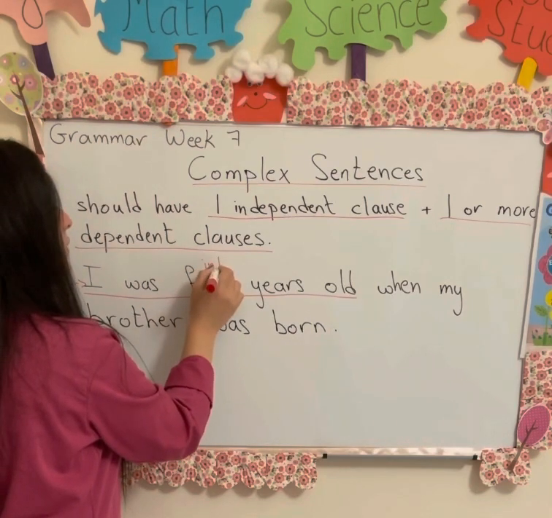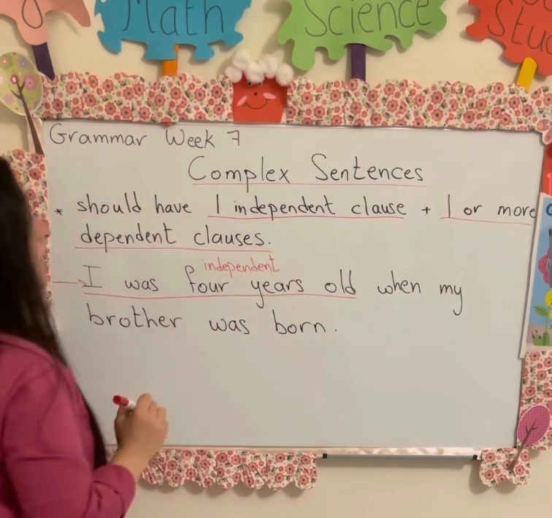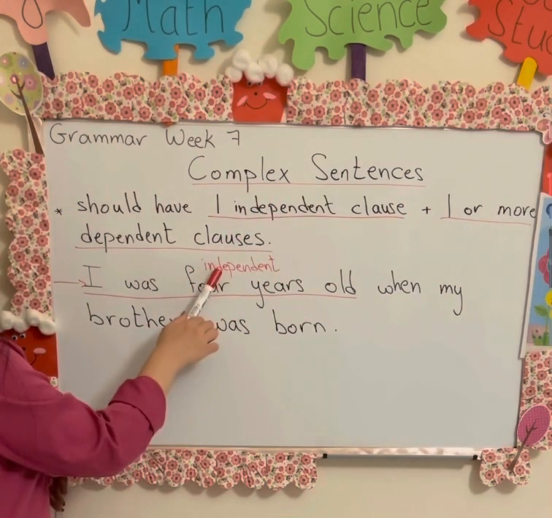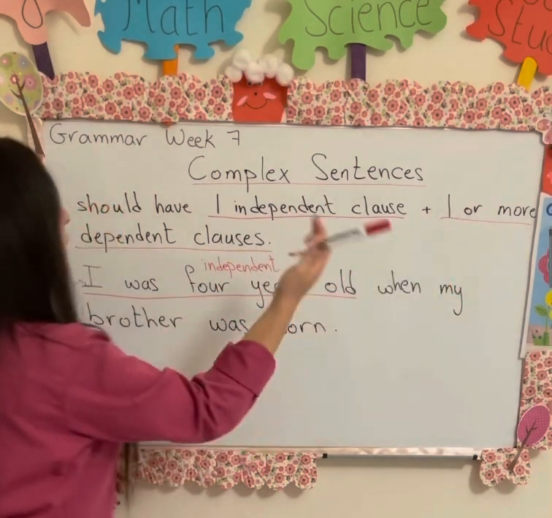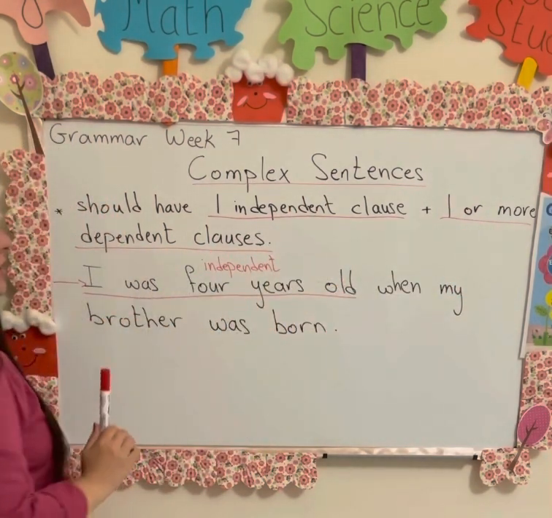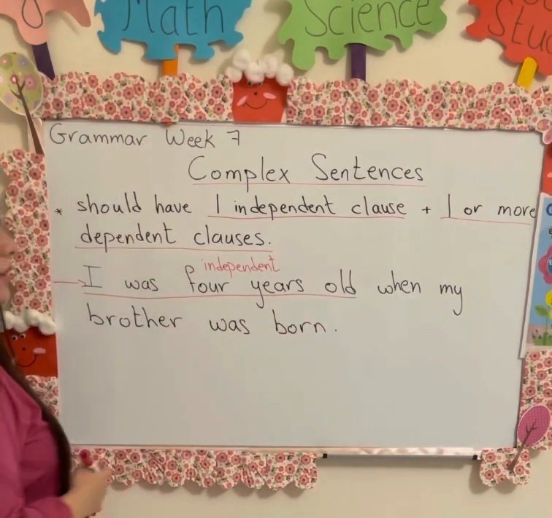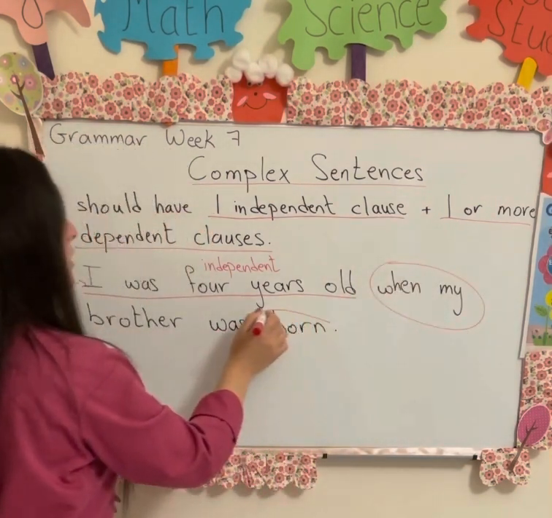So here we found the independent clause. And we said that a complex sentence must have one independent clause and one or more dependent clauses. So "when my brother was born" is the dependent clause.